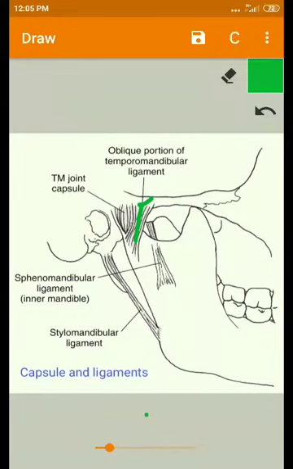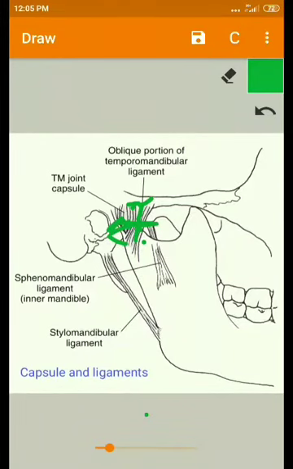Whereas the inner portion is attached to the lateral pole of the condyle, and also to the posterior portion of the disc and to the articular tubercle. Its fibers are almost horizontal and they resist the posterior motion of the condyle.